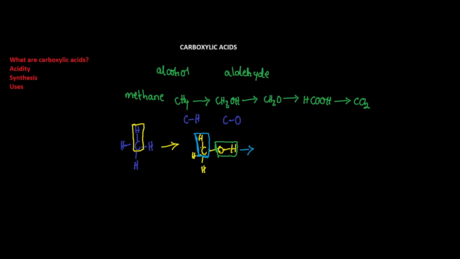Okay, so 2 bonds are broken, and now we have an aldehyde, methanal, with the suffix al. Now we'd have something that looks like this. Of course, we'd have the carbonyl group, which is the double bond now formed, and we still have 2 hydrogen atoms here.